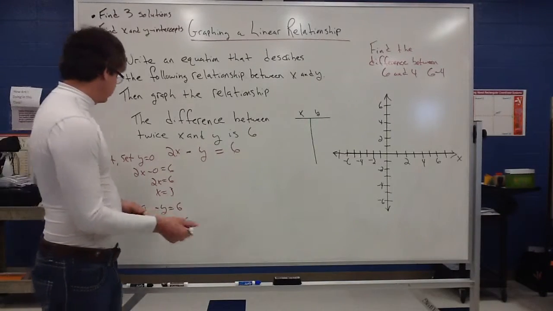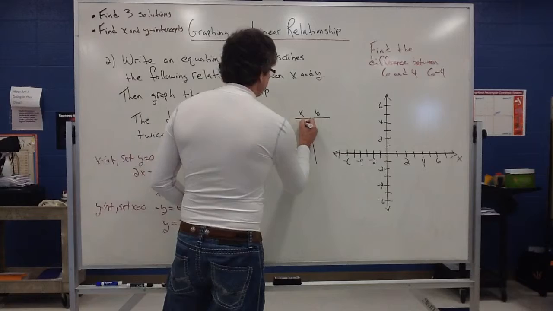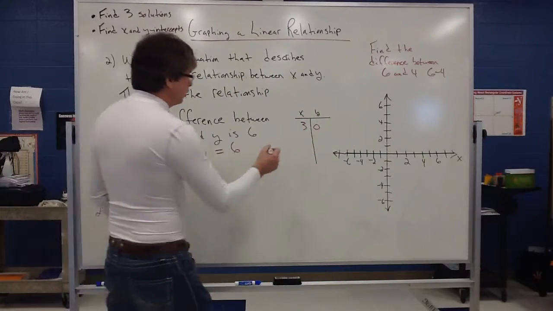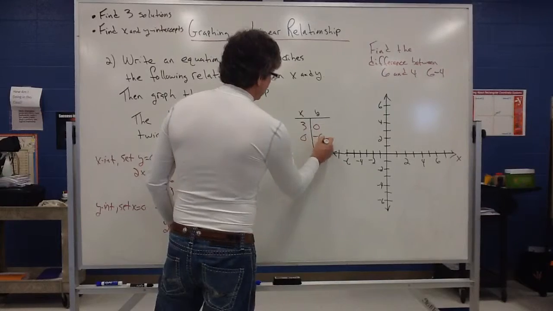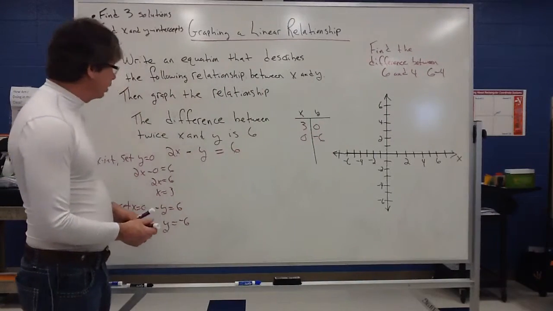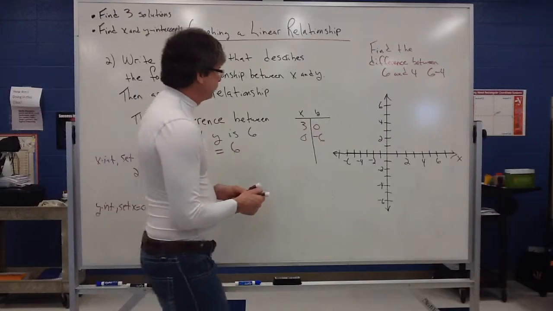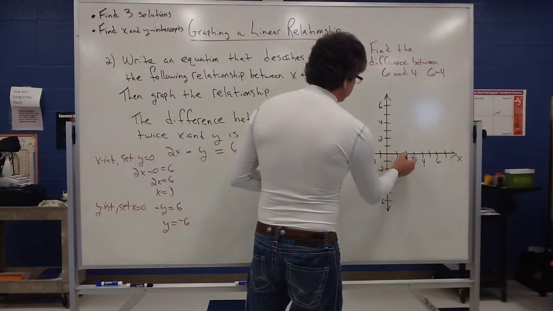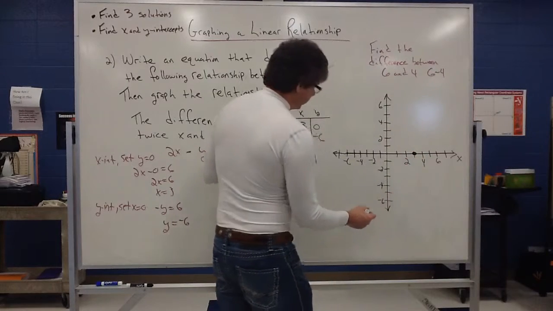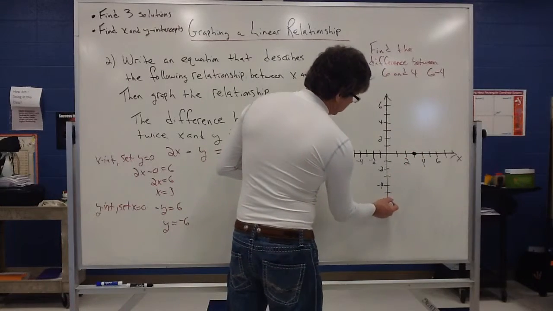So we have 3, 0 as our x-intercept, and then 0, negative 6 is my y-intercept. So we want to plot those 2 points. So 3, 0 would be over here, and 0, negative 6 would be down here.